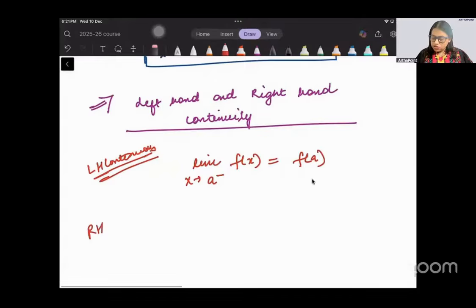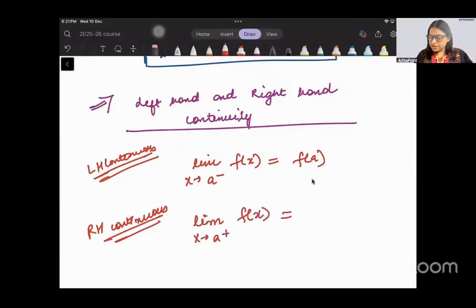And a function is right hand continuous if limit x tends to a plus f(x) is equal to f of a. Okay. This is called as one side or one hand continuity.